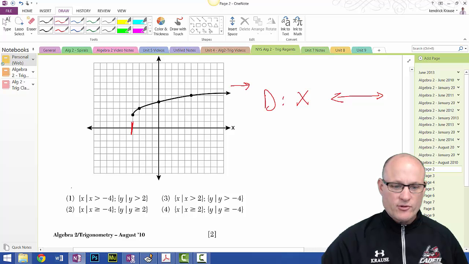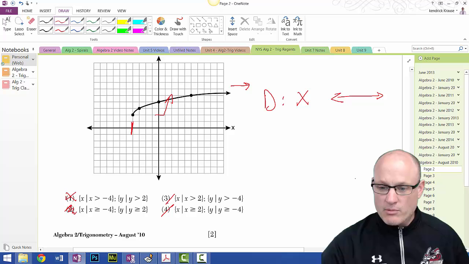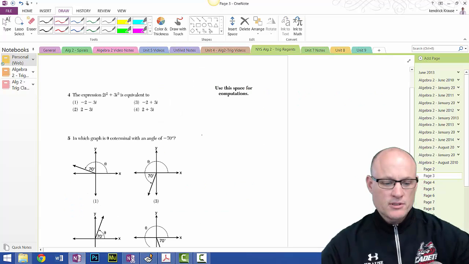So x is greater than negative 4. And since it's got a dot, it can be equal to that. So really, I'm done. X is greater than or equal to negative 4. But the range value is from 2, and it goes up forever, so it's greater than or equal to 2. Y is greater than or equal to 2. Done. Problem over.